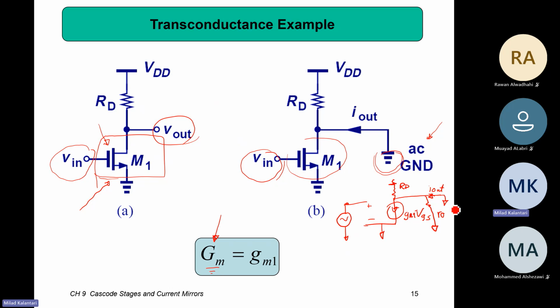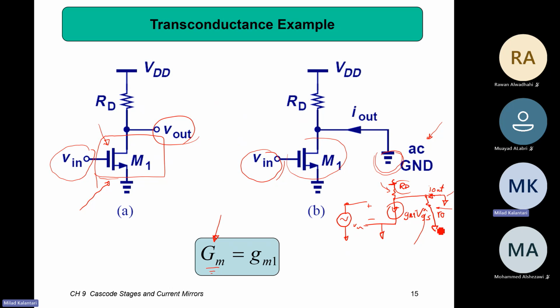But once you make the output short, there is no current passing through these other extra resistors, so the equation will be simpler. Since I made the output short circuit, the current is not going to pass through these resistors, because both sides of the resistors are grounded, right? No current is passing through the R out and no current is passing through the RD.